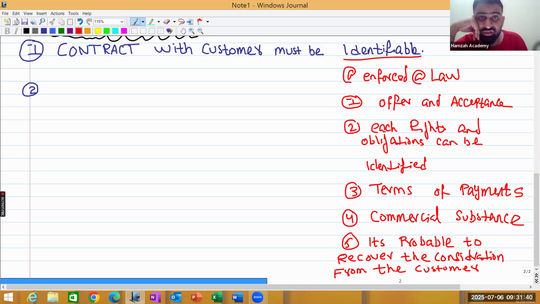And if the contract is not identifiable, that means the revenue cannot be recognized. So first of all, the most important thing is that the contract should be identifiable with the customer in order to recognize the revenue. Now, one more thing which I would want to emphasize.